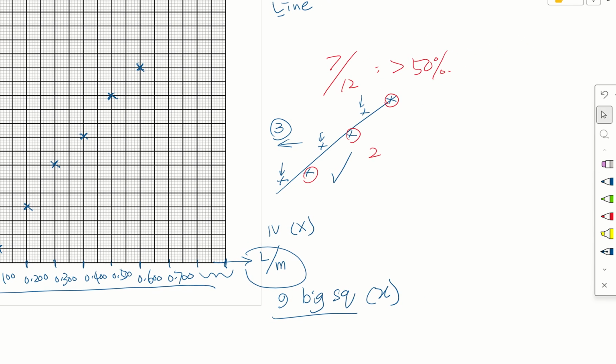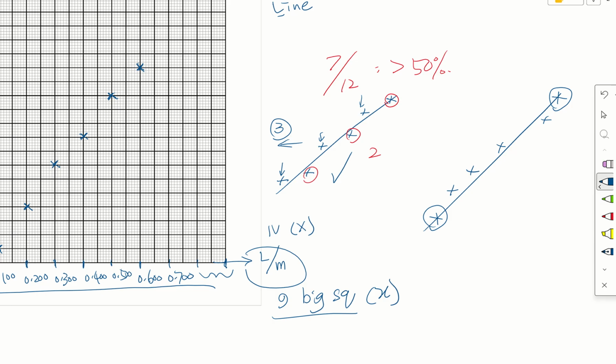So maybe I show you what is not a best fit line. So I have 1 point, 2, 3, 4, 5, and 6, something like that. This is quite common because students tend to link up the first and the last point.